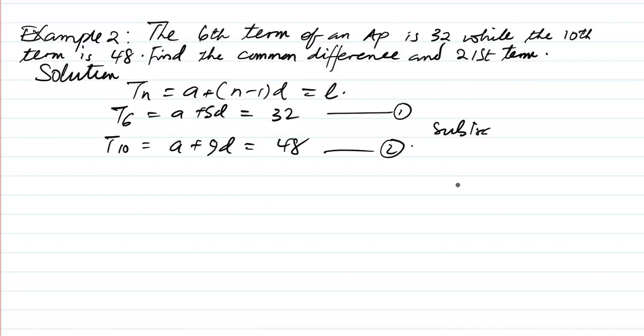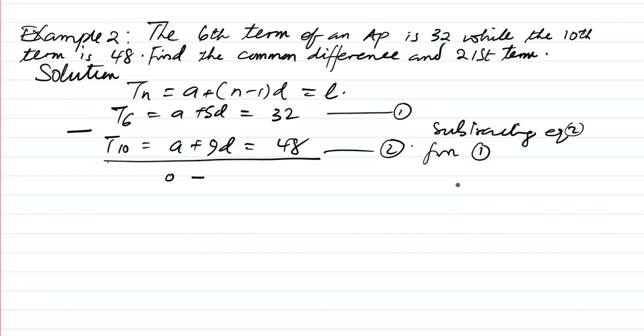Then you are subtracting equation 2 from 1. Now you are going to have 0 minus 4d equal to 32 minus 48, which will be minus 16.